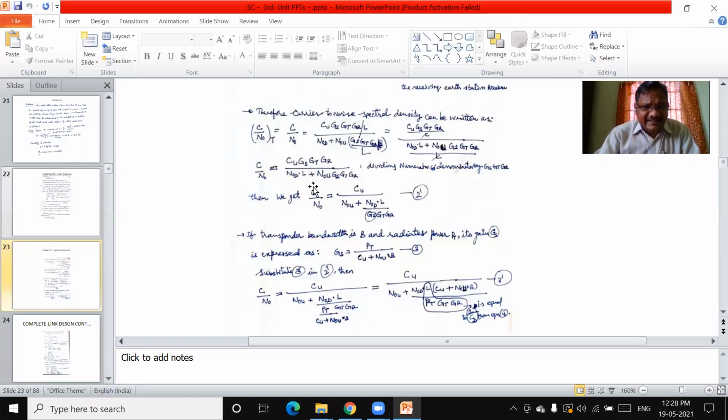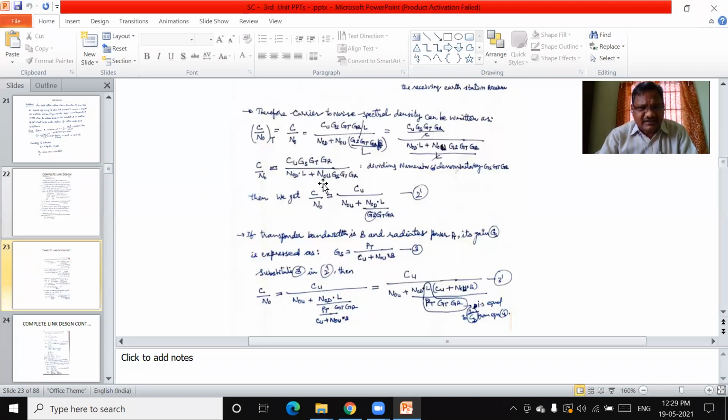Now this equation is further simplified by dividing the numerator and denominator by the GS GT GR term, which is the same term. If you divide, what happens? CU by NOD L by GS GT GR plus NOU.